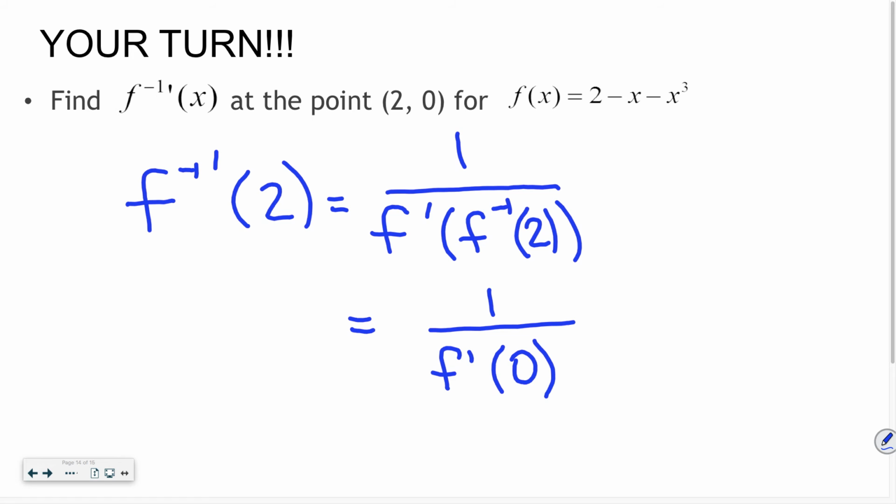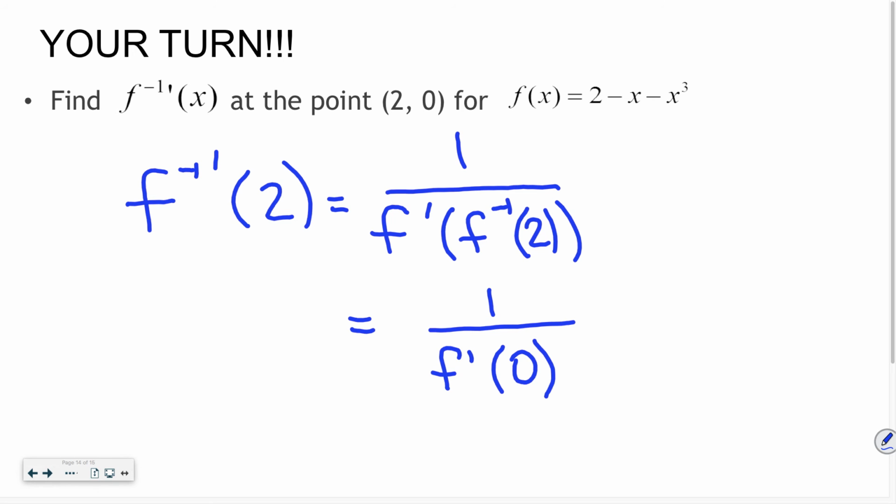Okay. Tegan, how does she know that F inverse of 2 is 0? Yeah, because of the coordinate, right? We have a coordinate 2, 0.